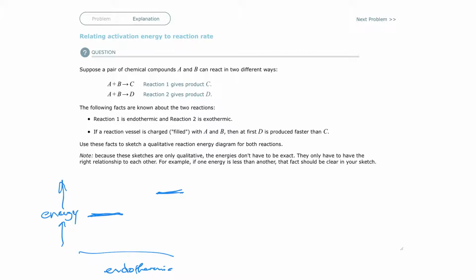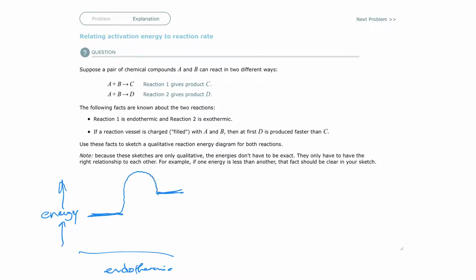If there were no activation energy, it would simply go from the lower to the higher. Activation energy is going to be a barrier that you have to cross that's usually higher than both the products and the reactants. So you would have some kind of a barrier like this.